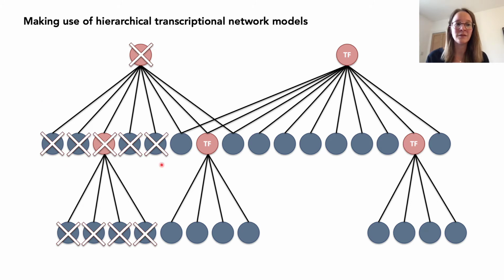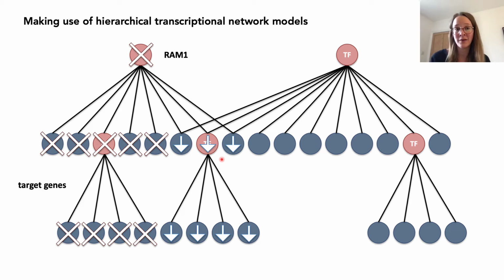That's true for the genes that are only regulated by this particular transcription factor. But for genes that are regulated by other transcription factors as well, you might expect to see a reduced expression of these genes. That's just one example, but I used this kind of thinking to try and find out what the function of RAM1 could be.